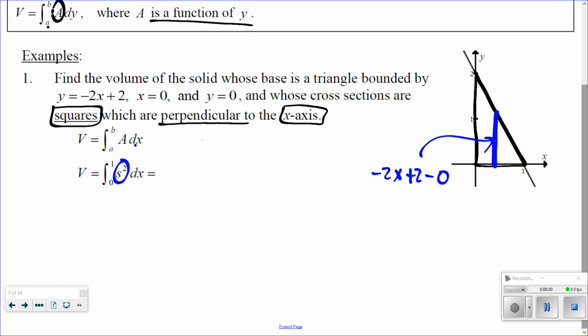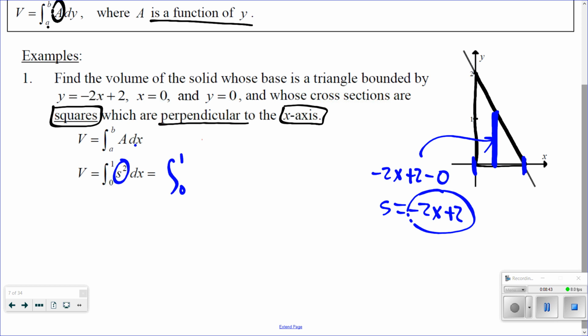That would give me one side length. So s comes out to be equal to negative 2x plus 2. That's how long that segment is. So now I come up over here, I take what I got there, and I'm going to plug it in for s over here. So I have the integral from, by the way, the 0 to 1 is because I'm going from when x is 0 to when x is 1. It's between those two x values.